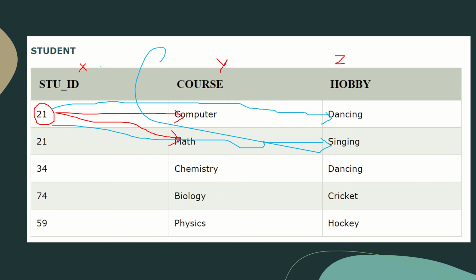Student ID corresponds to x, course corresponds to y, and hobby corresponds to z. What is the meaning of multi-value dependency? If any value of x is related to a set of values of y and a set of values of z, but y and z are independent of each other. Here also the course and hobby attributes are independent of each other, but x is related to multiple values of y and multiple values of z. So that is an example of multi-value dependency.